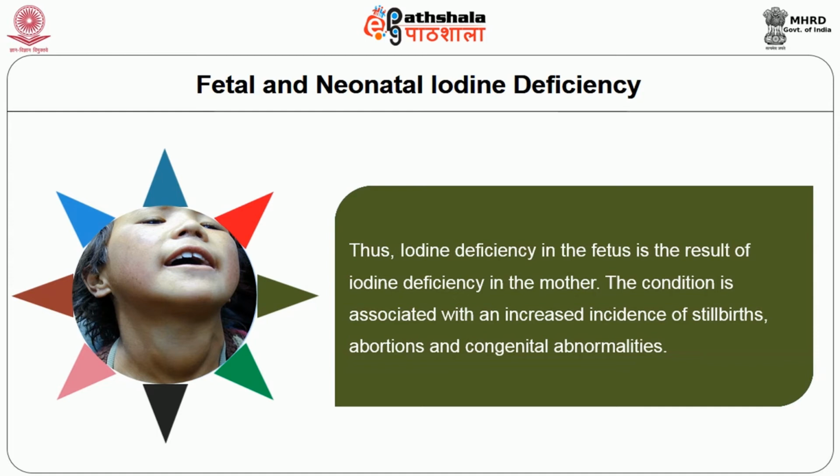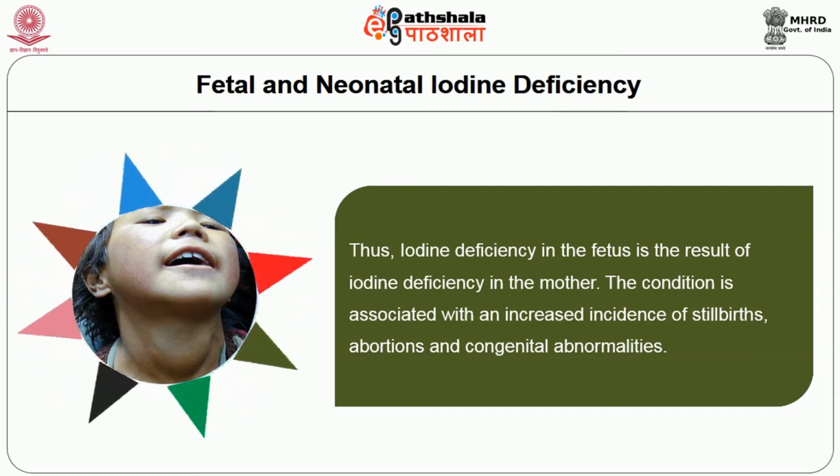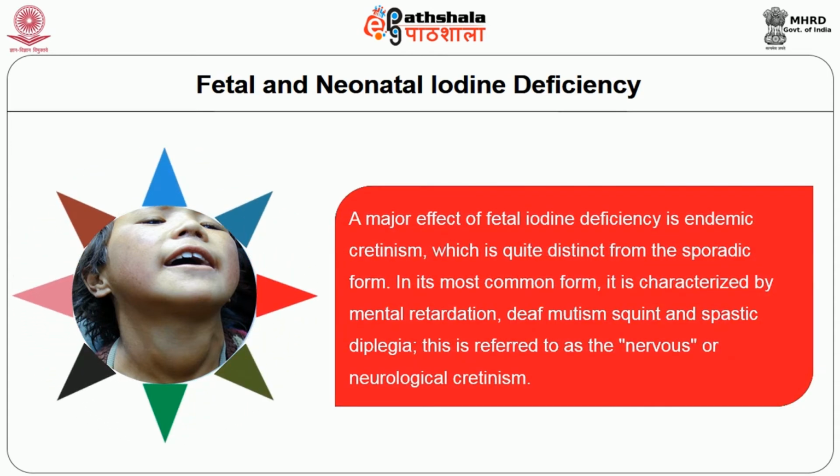The condition is associated with an increased incidence of stillbirths, abortions and congenital abnormalities. A major effect of fetal iodine deficiency is endemic cretinism, which is quite distinct from the sporadic form.